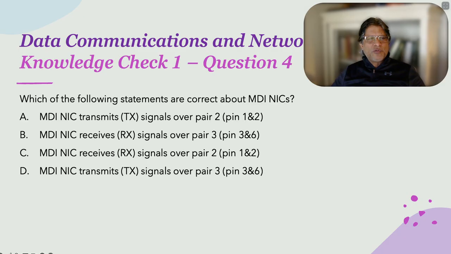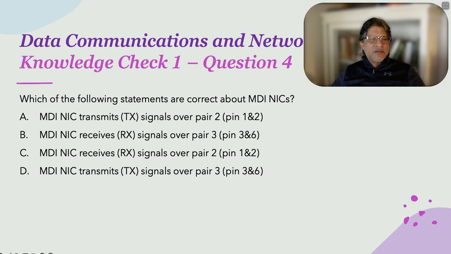Now we can go to the fourth question. Which of the following statements are correct about MDI NICs? A, MDI NICs transmit signals over pair 2, which is pins 1 and 2. B, they receive signals over pair 3, which is pins 3 and 6.